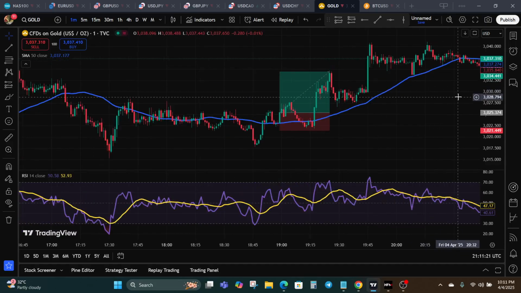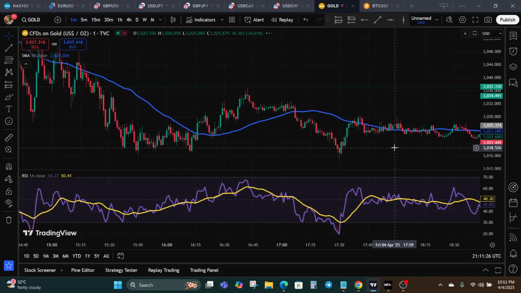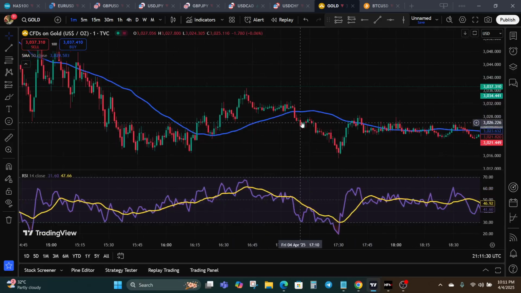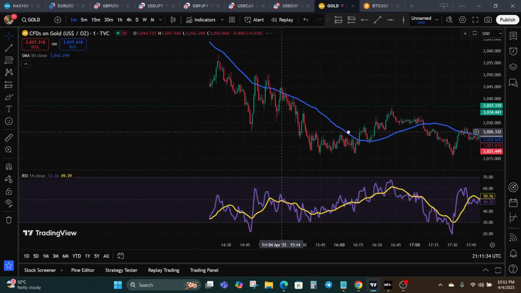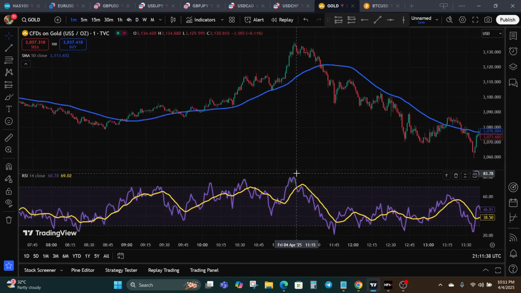Then to go short or for your sell trade, the price must be below the 50 SMA, and the RSI should rise above the 70 level, which is the overbought level, then drop below it. In this case, we can see that happened.